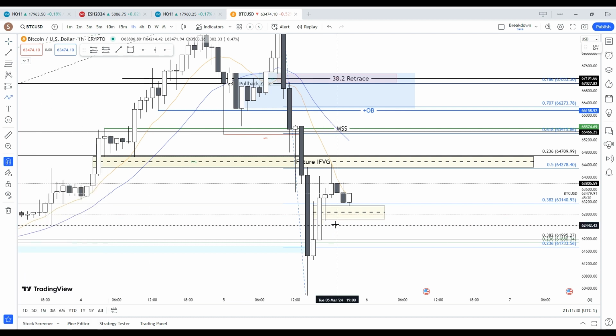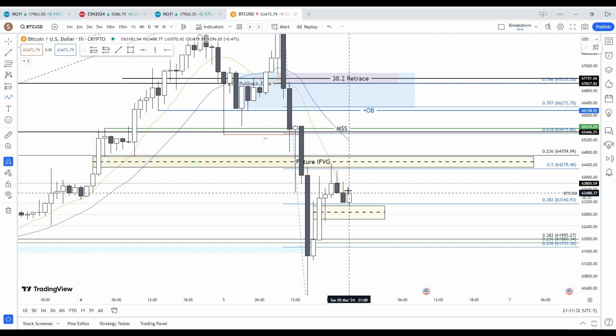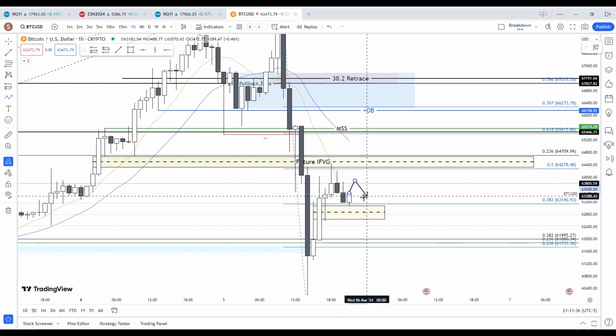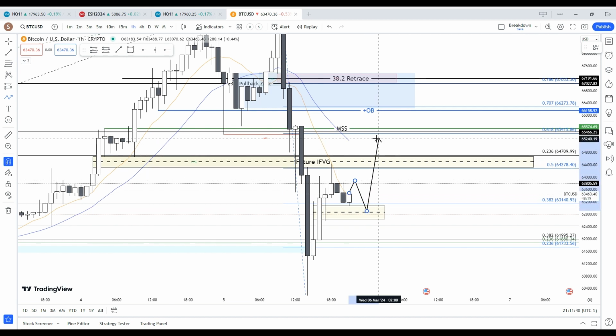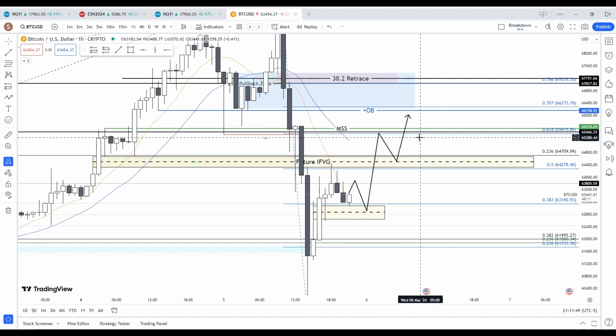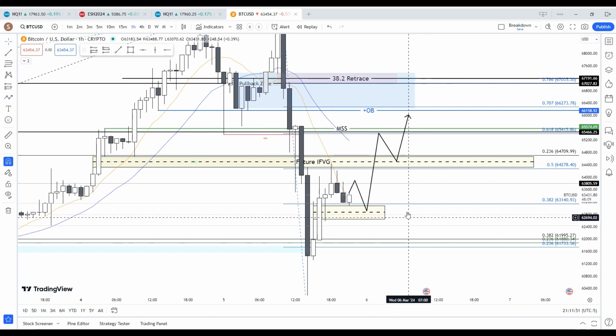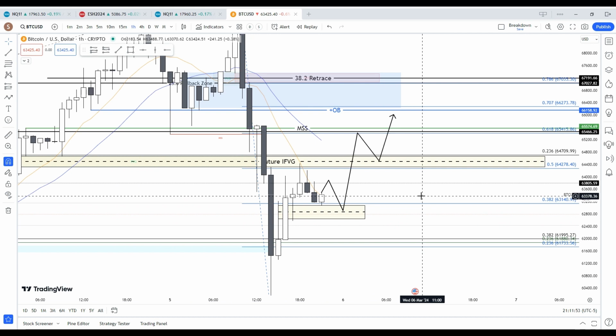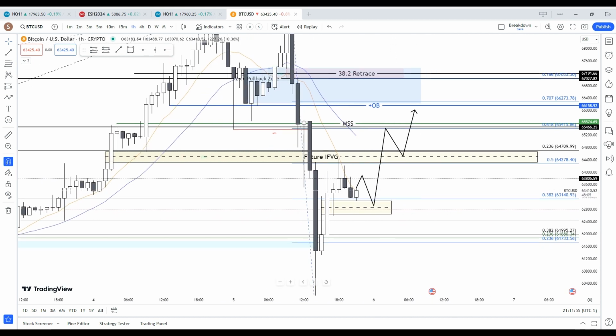Oh, there it is. Okay. So what we're looking for, maybe something like this. This 61, respect this, and continue up. Right? Hopefully something like that. We can leave that up, see how it plays out.